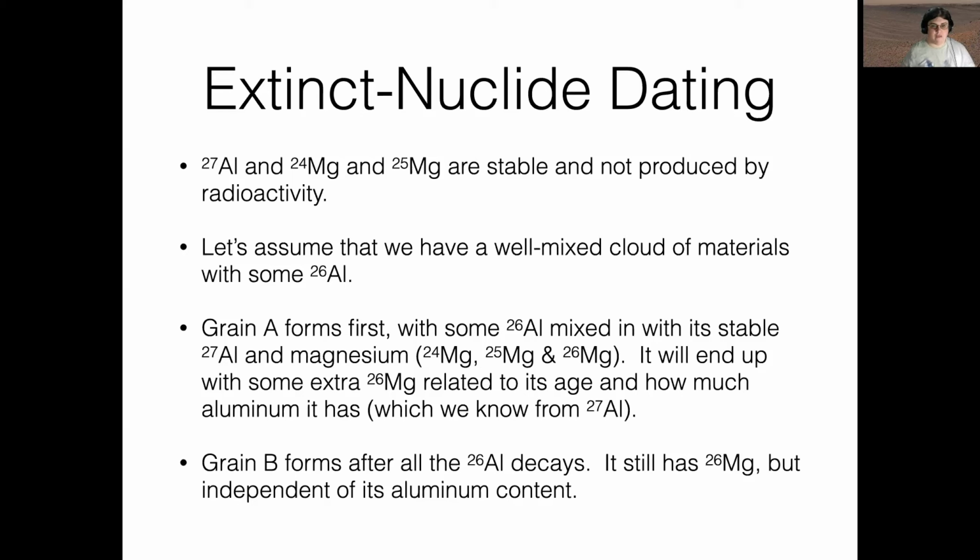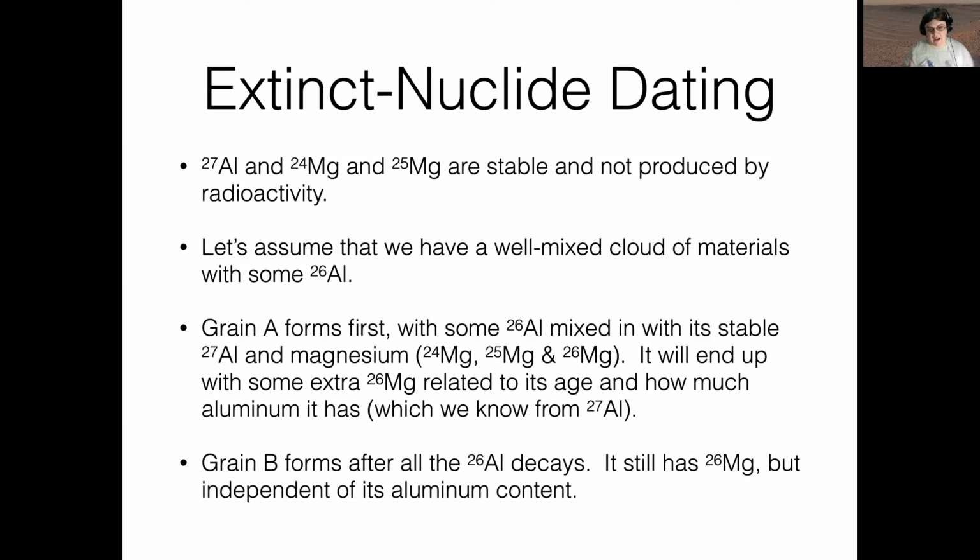So let's say grain A forms first. There's still some aluminum-26 around, and it's mixed in with the stable aluminum-27 and all the different magnesium isotopes. Now, what's going to happen is it's going to be enriched in magnesium-26 because it started with some aluminum-26 and 27.